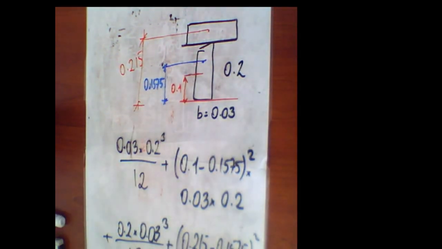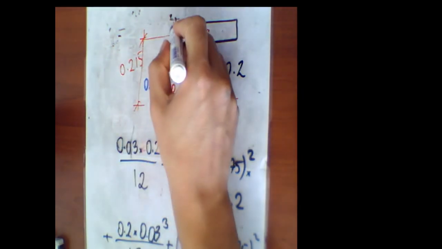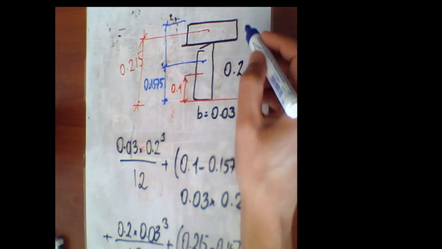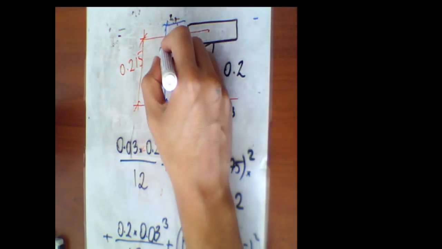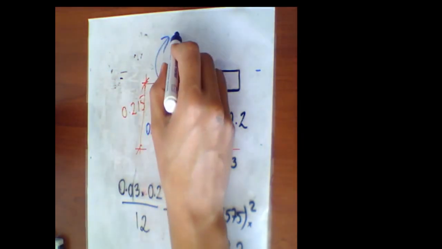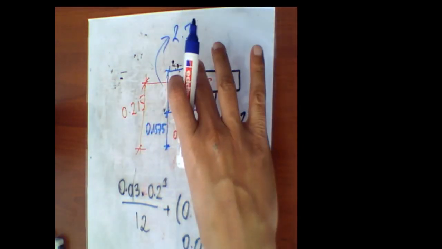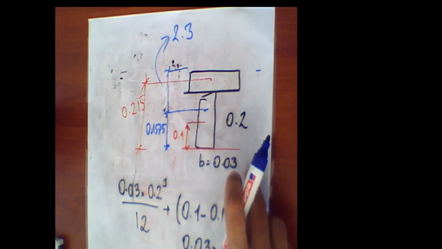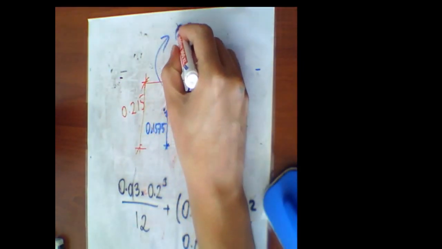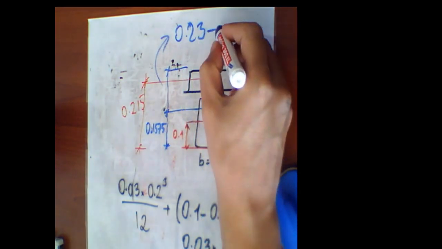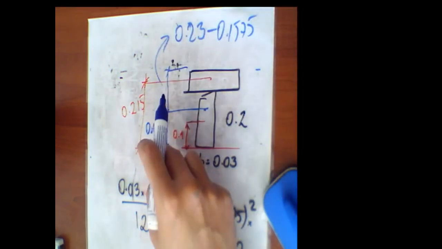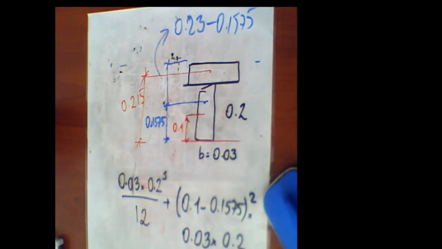What about the distance to the top of the system? It is equal to the total height of the system, 0.23, minus 0.15750. You can see this is much smaller than 0.1575.